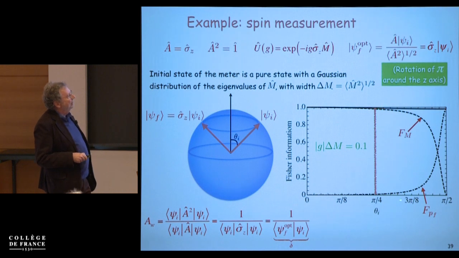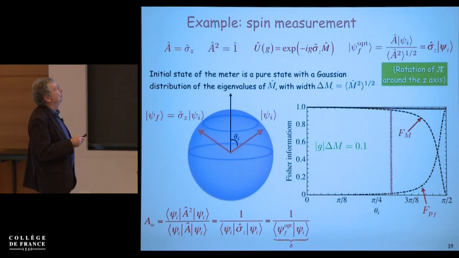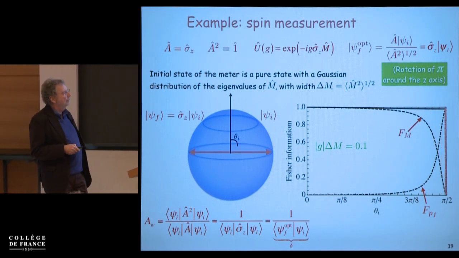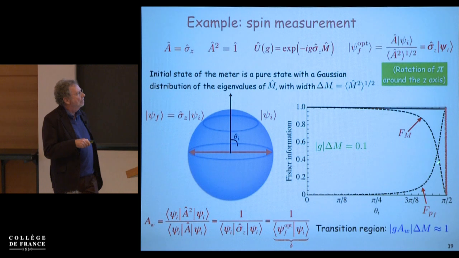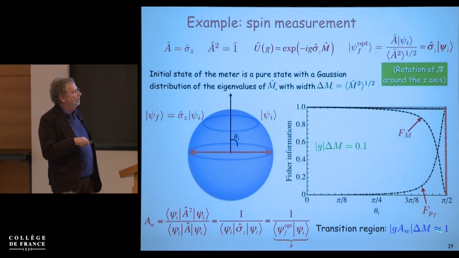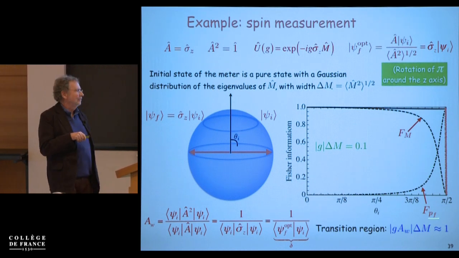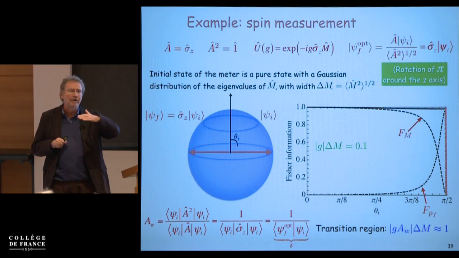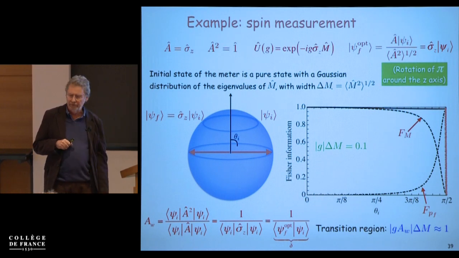As theta I goes to pi over 2 and the two states become orthogonal, we get more and more contribution from the Fisher information associated to the statistics, which shows that this second term in the Fisher information becomes important. And this transition region corresponds precisely to G, to this expression equal to 1 approximately, which is precisely the transition between the validity of the weak value approximation and this other region.